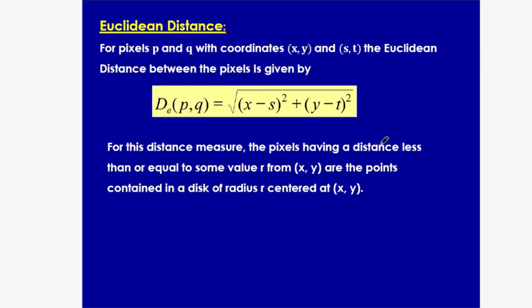If you want, you can take one image with different pixels, at least a 5 by 5 image, mention all the pixel notations, find the Euclidean distance between the pixels, and find the pixels whose Euclidean distance is less than or equal to some value r. If you indicate all those pixels on the same 5 by 5 image, they form a disk of radius r with the center x, y.